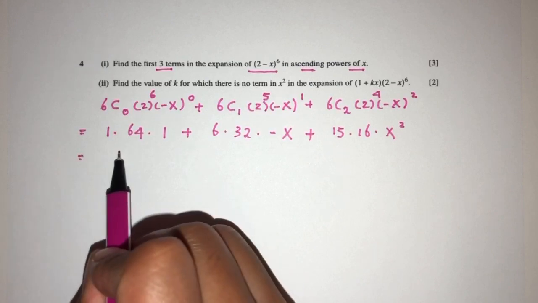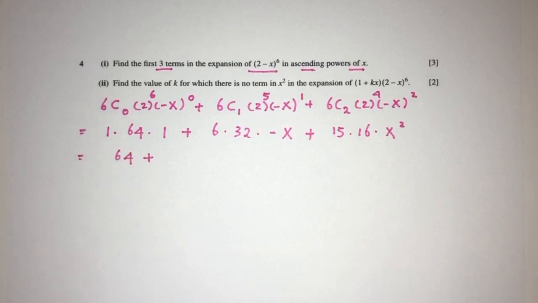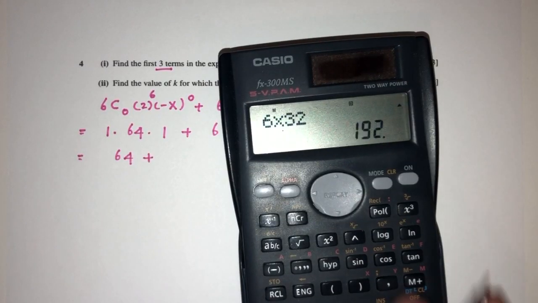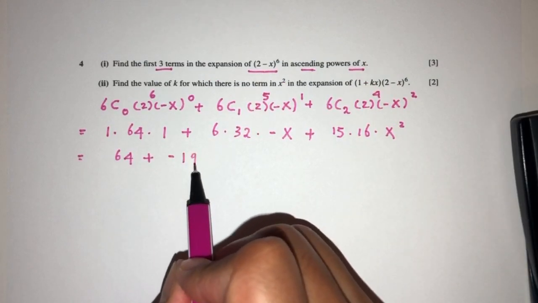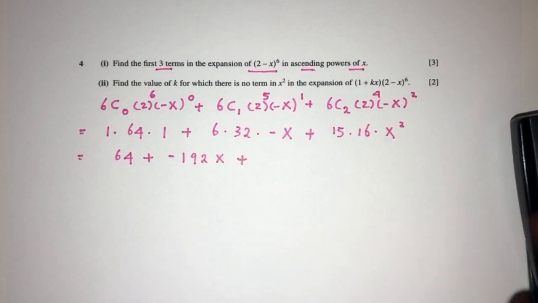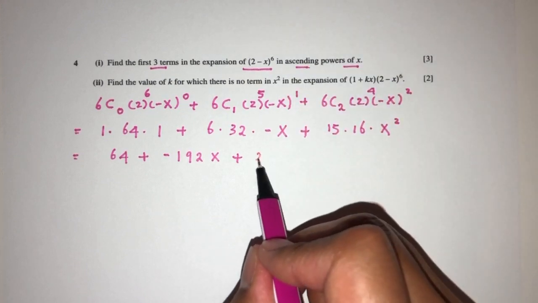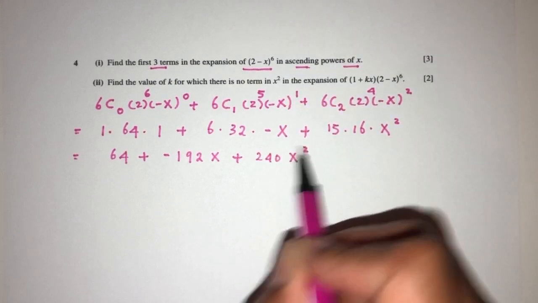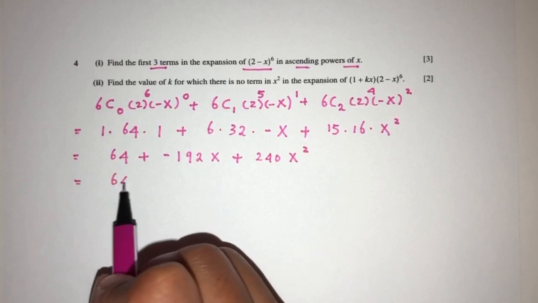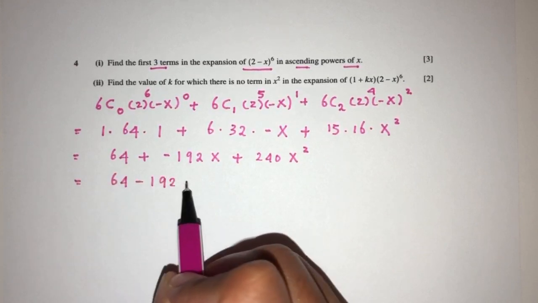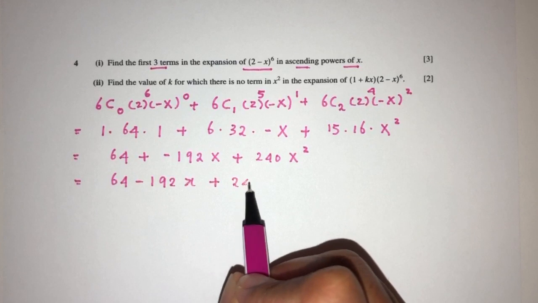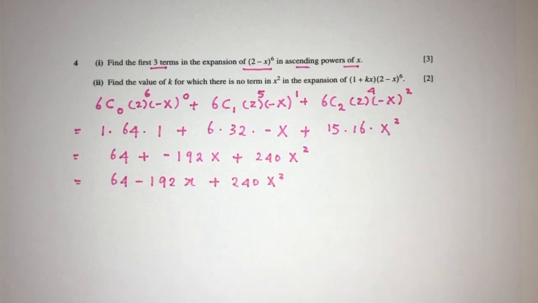We can simplify. That will be 64 plus 6 times 32 will be minus 192x plus 15 times 16, that should be 240 x squared. So the first 3 terms will be 64 minus 192x plus 240 x squared.